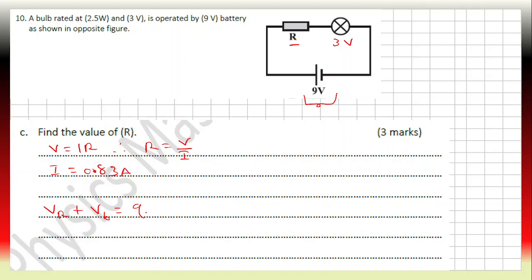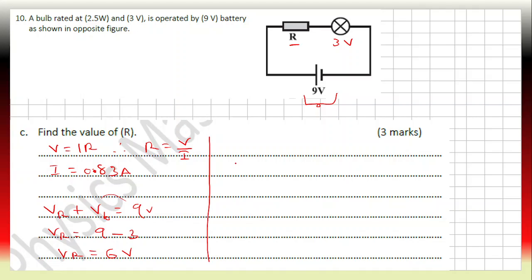So the VR should be equal to 9 minus the voltage through the bulb, which is 3. So the VR, the voltage through R, will be given by subtracting these two, and that will give us 6 volts. So we have the voltage through that resistor.